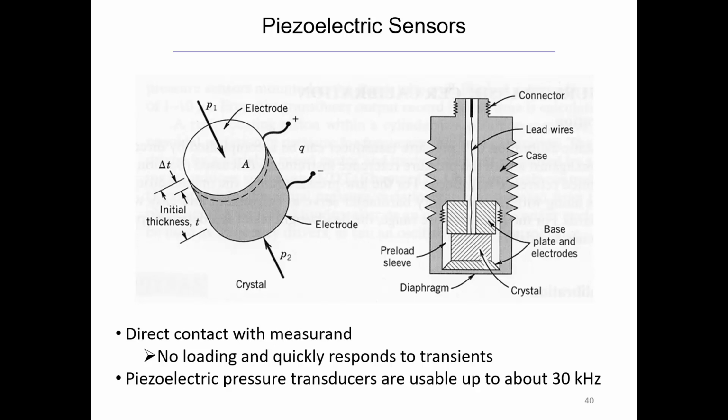We see a couple images of it here. Because of that direct contact, there's no loading and it quickly responds to transients. There's no bellows or diaphragm that has to move. These are useful up to pretty high frequency, 30 kilohertz.